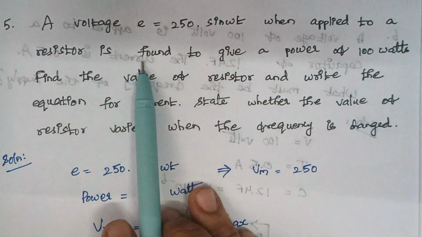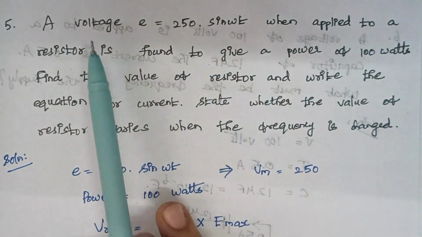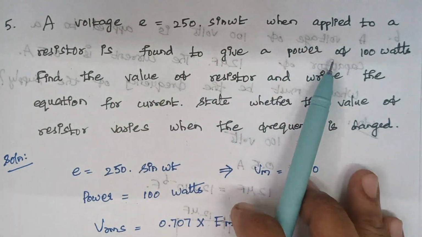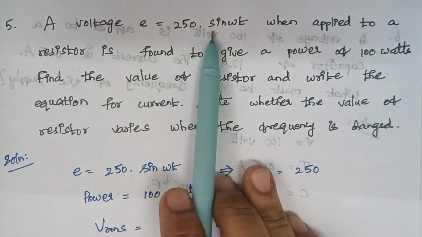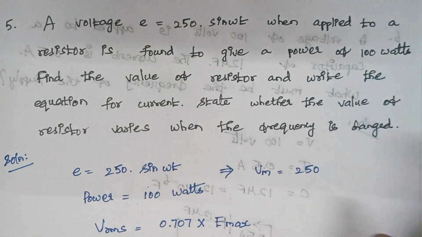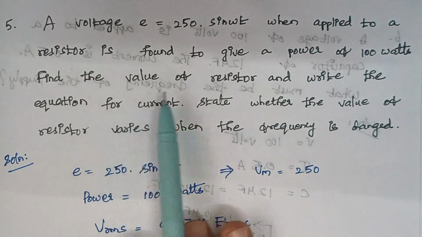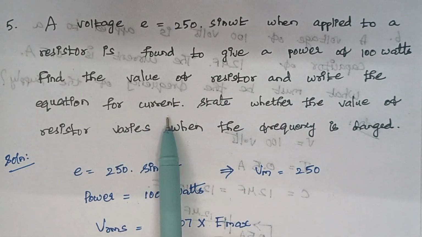A voltage E is given by 250 sin omega t. When applied to a resistor, it is found to give a power of 100 watts. That is, in a circuit we have a resistor and the supply voltage is this one, and the power dissipated in the resistor is 100 watts. Find the value of resistor and write the equation for current.